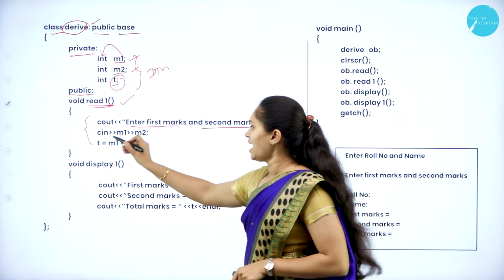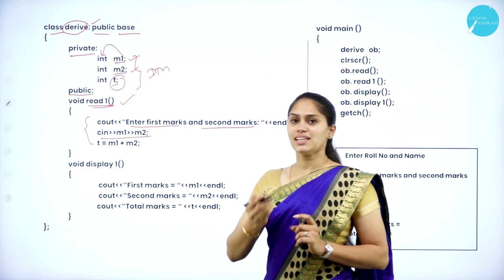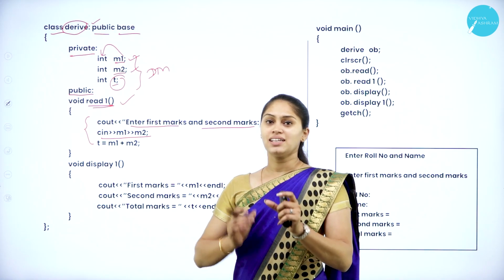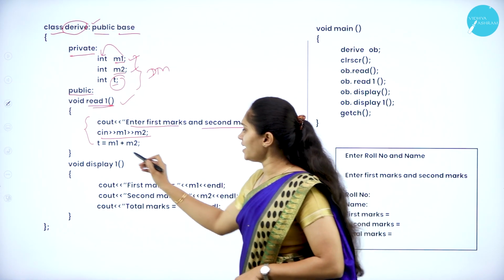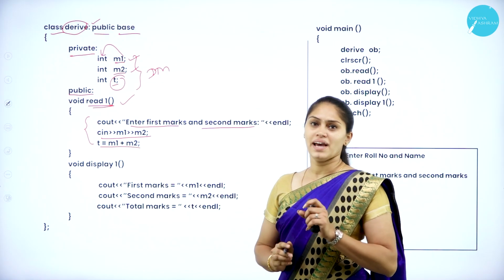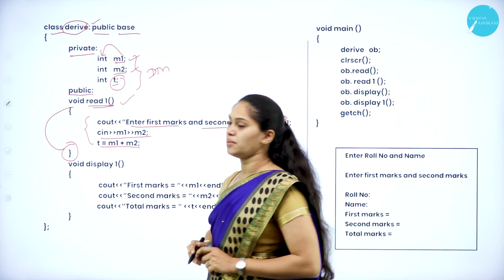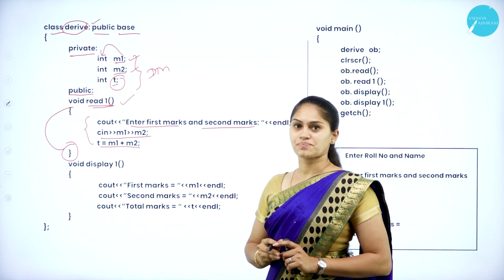In cin, I am going to take the values of M1 and M2. After getting them, I am going to add them, and the value will be copied to the variable T, so T is equal to M1 plus M2. Then I end the scope of the read1 member function of the class derive.